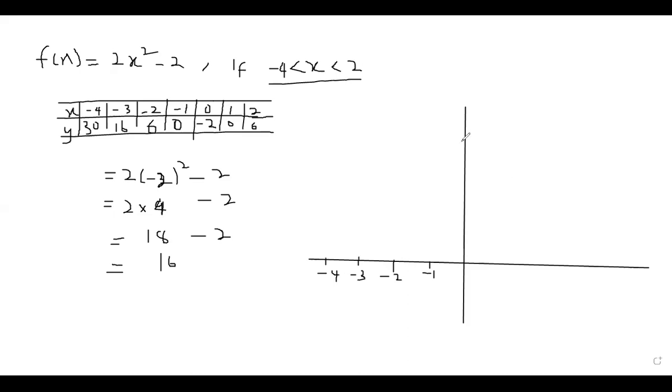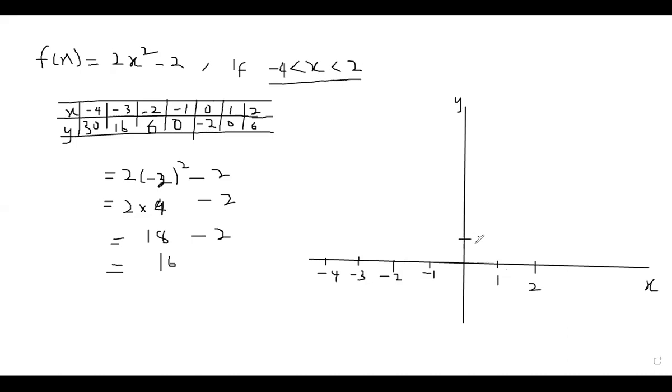And then on this side, we have +1, +2. This is X. This is Y. We are moving from -2 to 30. So let's take intervals of, let's say 5.